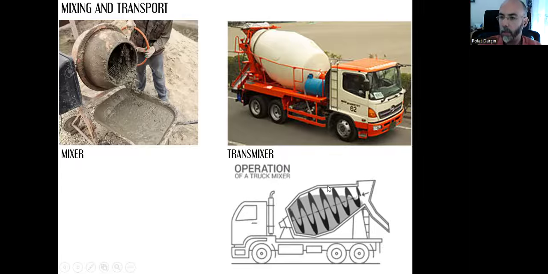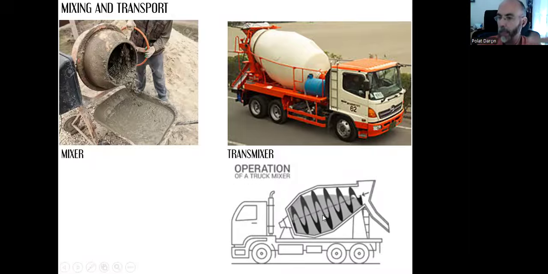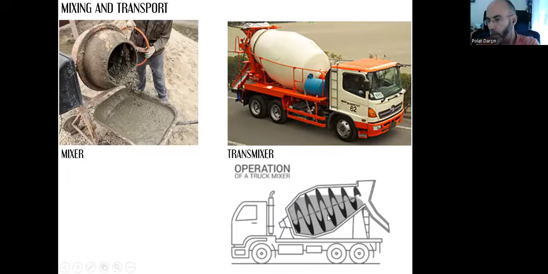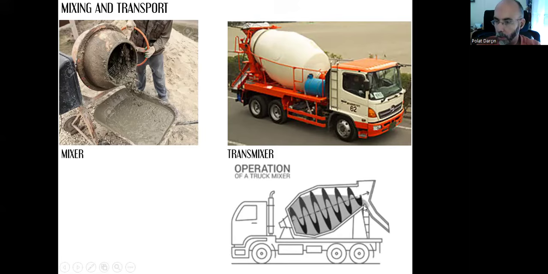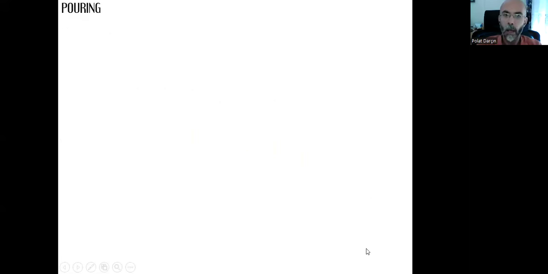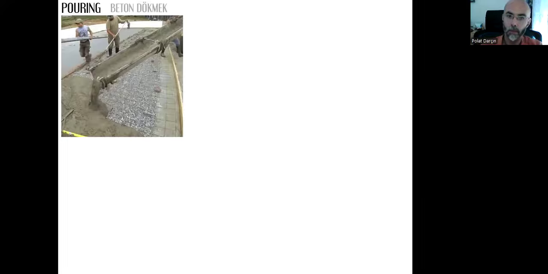The blades turn towards the inside center of the drum, so that it keeps mixing. But when we arrive on the construction site, the rotation is opposite, so the blades force the concrete outside for pouring. We pour it into molds, beton dökmek, that's what we call it in Turkish.